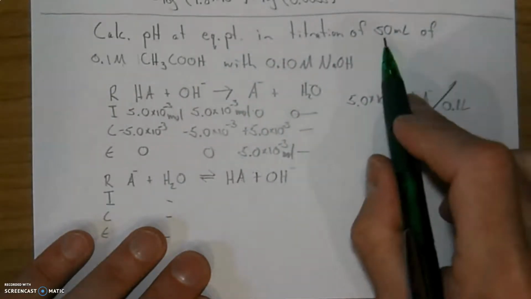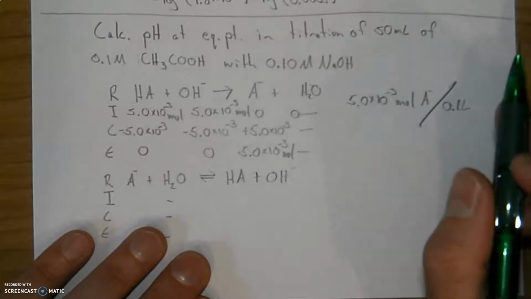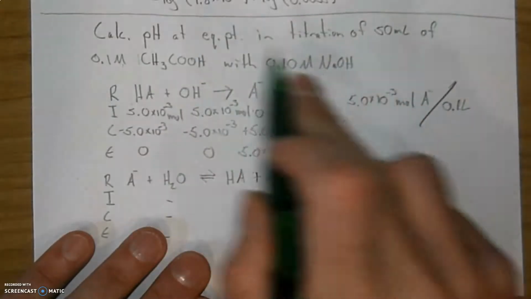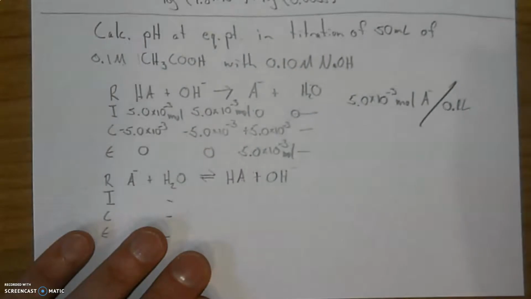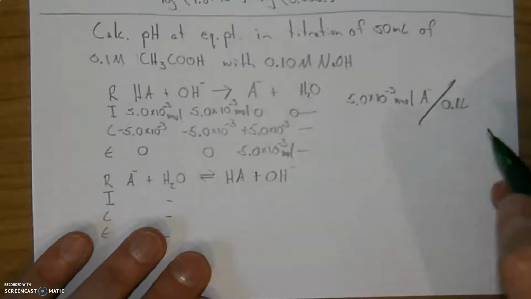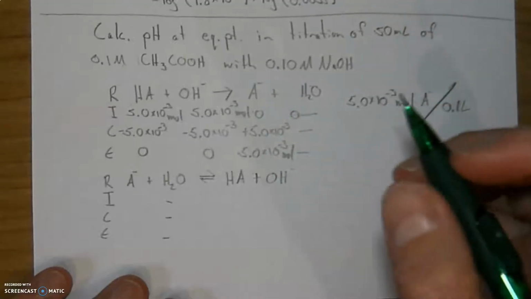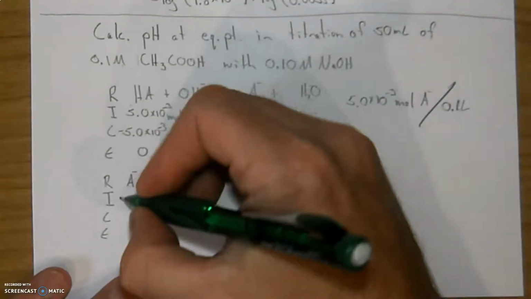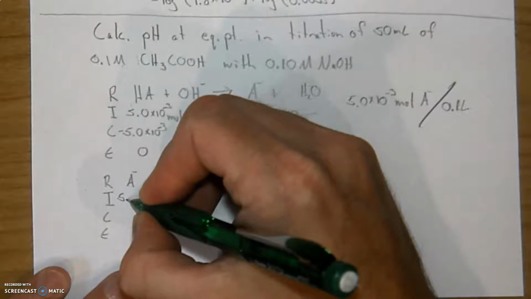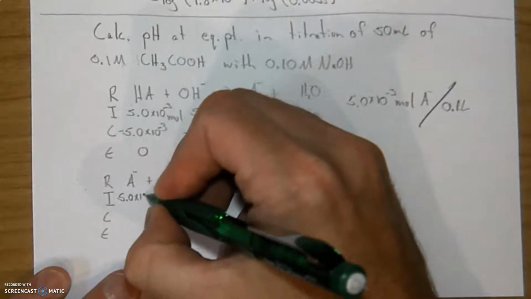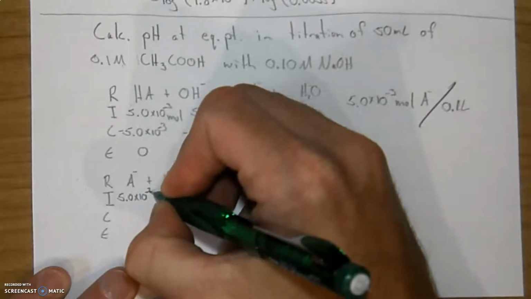I don't know if I stated that directly, but that is the volumes that we had because, of course, they're the same concentration. It would require the same volume. So the total volume would be 100 milliliters or 0.1 liters. If I divide this out here, I will be left with 5.0 times 10 to the negative 2 molarity.